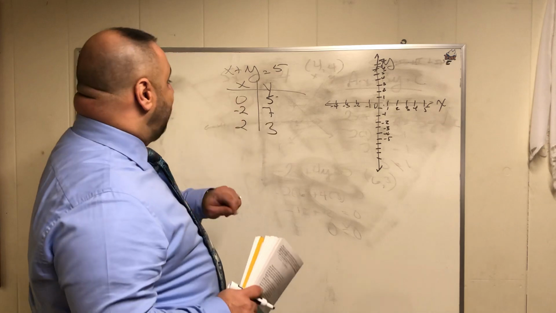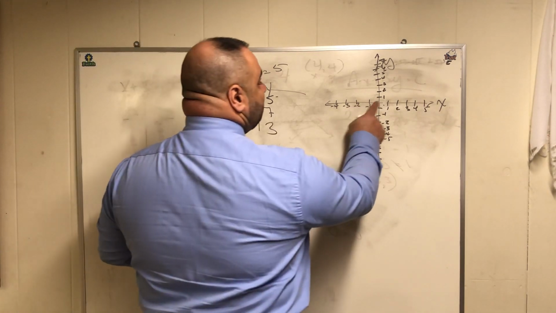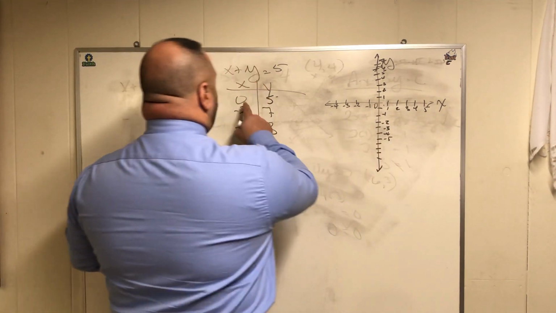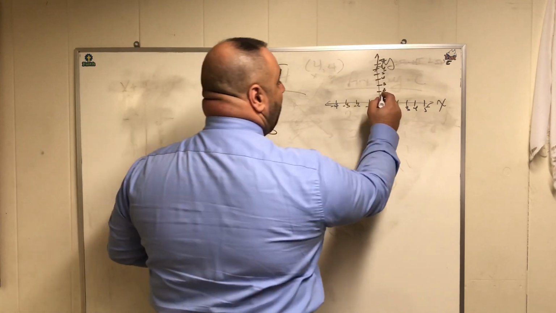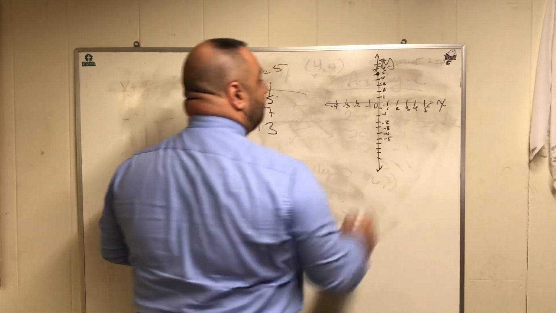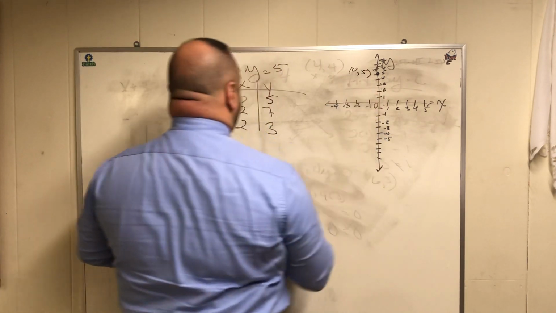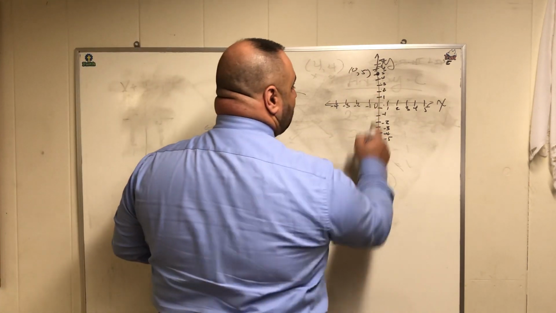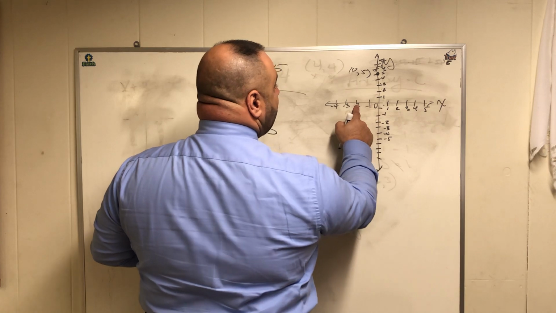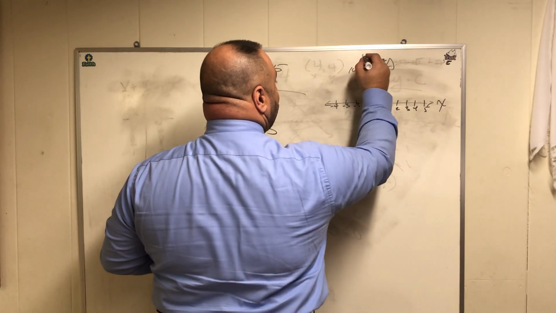So let's graph these. We go to our graph here. 0, 5 would be, 0 is x, then 5 up, right there. Then -2, 7. So -2 over, then 7 up.